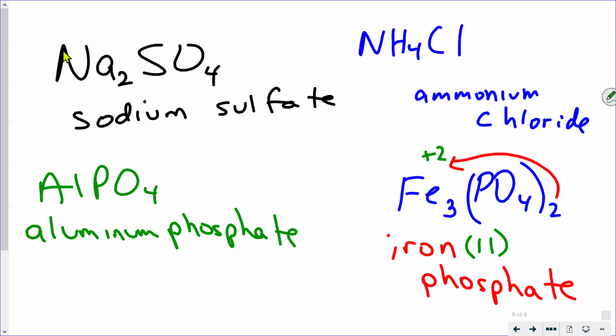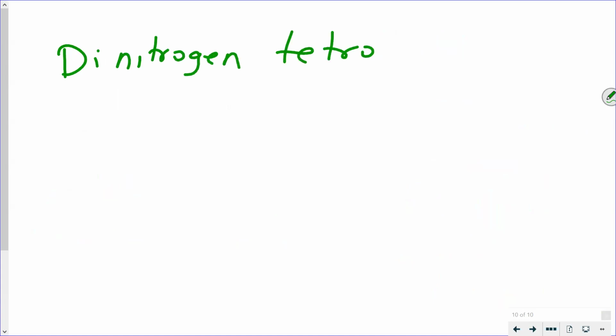Since we're on naming, let's talk about binary covalent. Dinitrogen tetroxide.